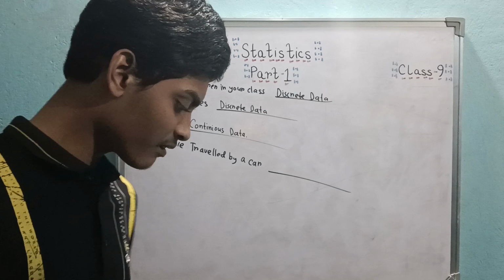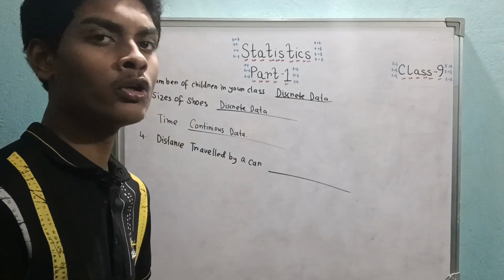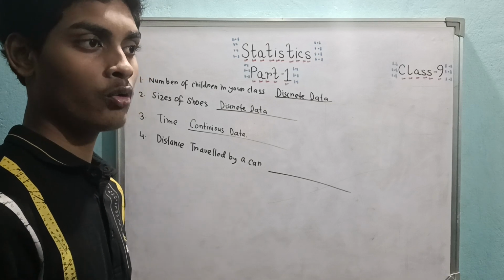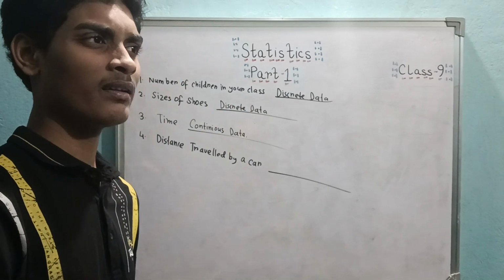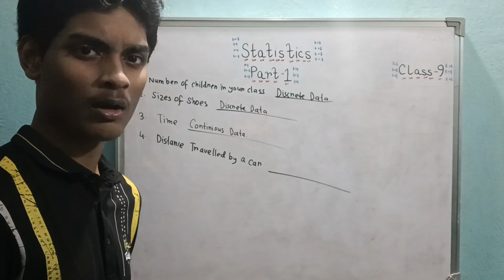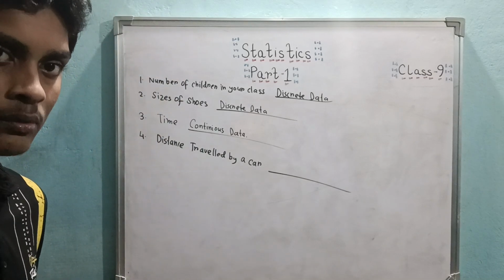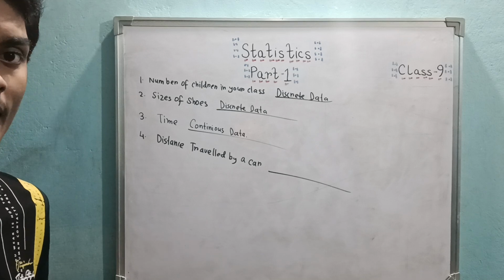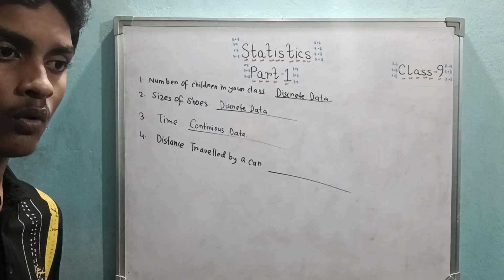Suppose you told your brother, take my car and go from West Bengal to Mumbai airport, for example. At that moment, at that place, can you stand and tell how much distance your brother covered? You can't, right? You can't tell what distance he has covered.